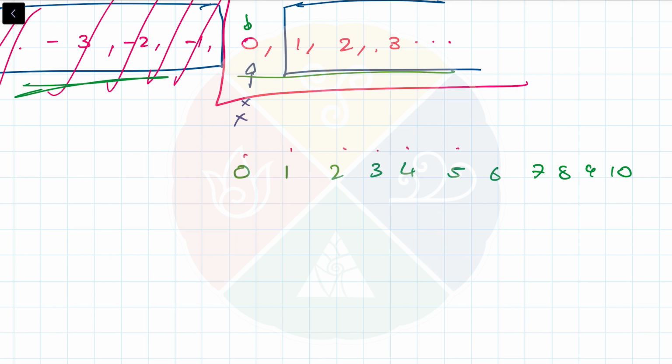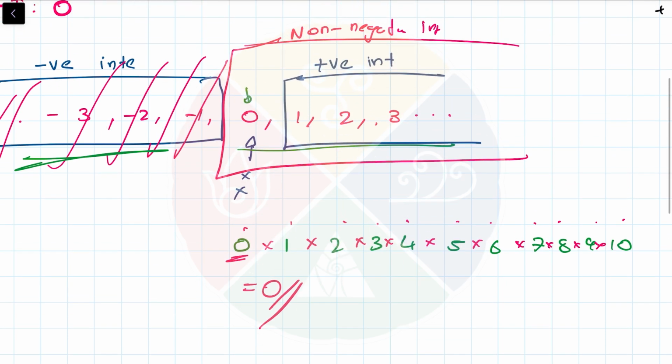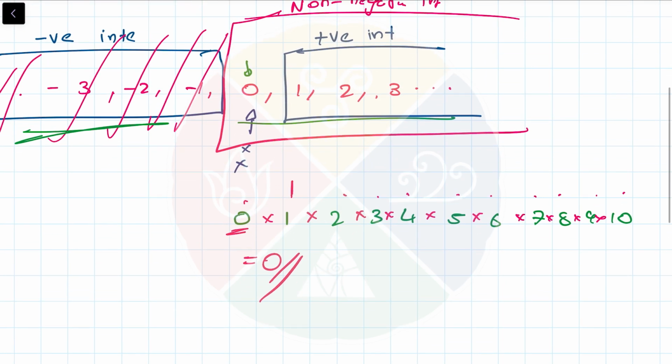Now, if you take the product of these values, a single 0 will make the entire result 0. Now, if I take the next set of non-negative numbers, instead of 0, if I take from 1, 2, 3 till 11, that is going to be a very big number. So the smallest value here, the minimum value, is 0 when you are including 0.